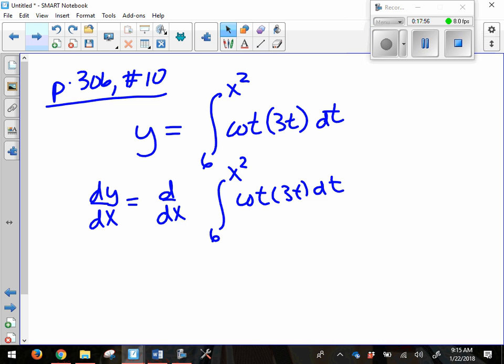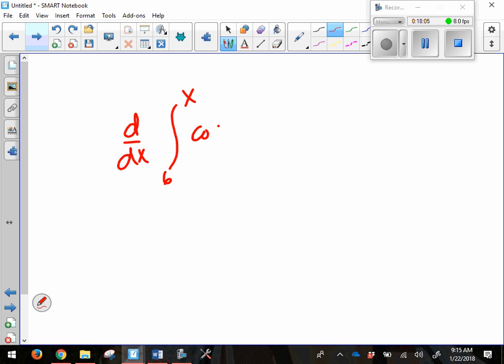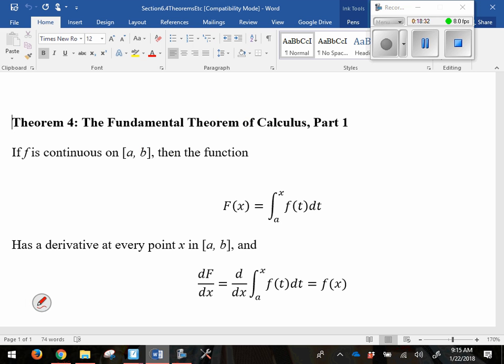If we were finding d by dx of the integral from 6 to x of cotangent 3t dt, what would that be by the fundamental theorem of calculus? The fundamental theorem says as long as this is a constant and this is an x, then what do I do? It's this part that I'm taking, okay?